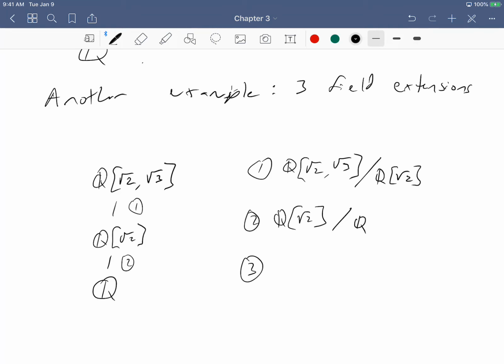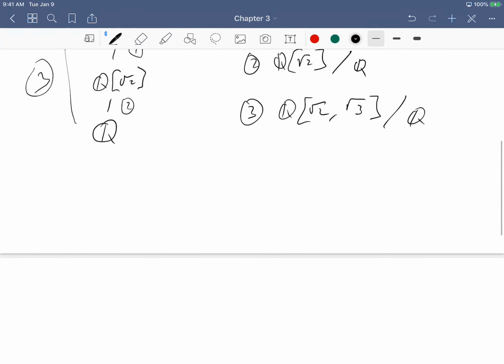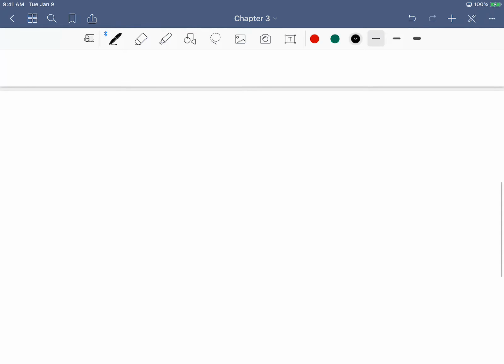And then there's a big one, this sort of top to bottom field extension, Q adjoin root 2, root 3 over Q. And so we're going to be studying little diagrams like this a lot and trying to figure out what we can about these different field extensions, how they're related to each other, and what we can say about them. So that's one of the main focuses for the rest of the course.